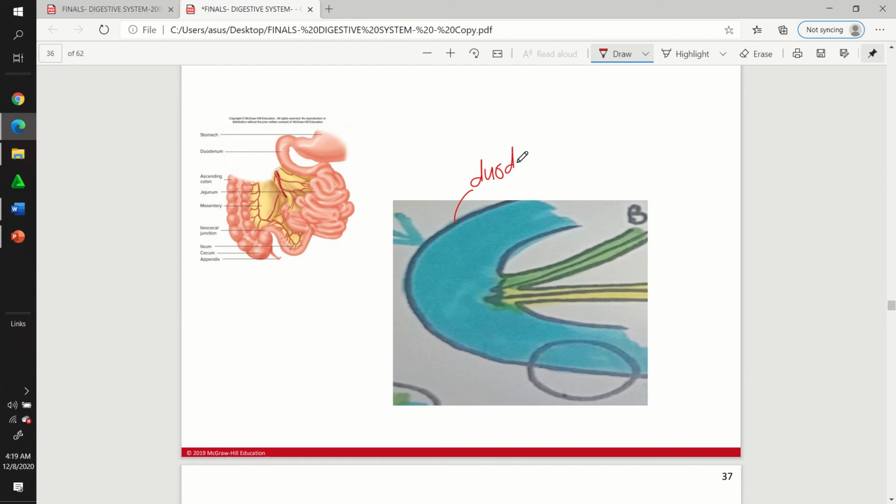The duodenum receives pancreatic enzymes through the pancreatic duct from the pancreas, which break down the food, and it also receives bile from the liver through the hepatic duct. So the small intestine completes food digestion.